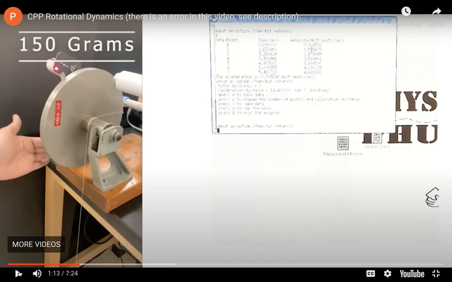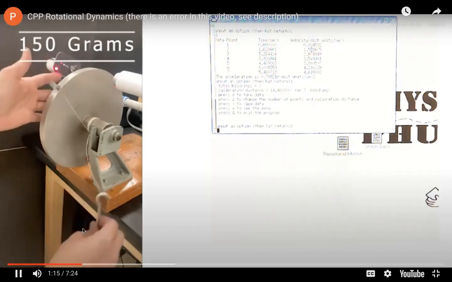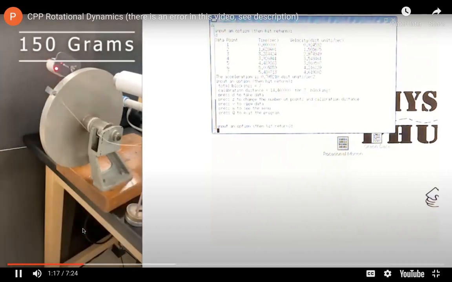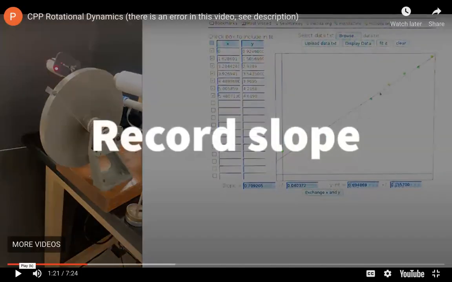You get it from the slope of your data, and they will show you the slope here. So the slope 0.71 is your angular acceleration for this mass. Okay, so write that down in your first row. You can calculate your torque later.